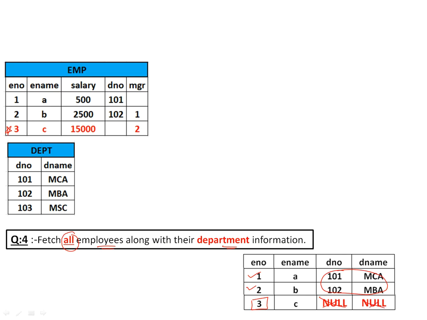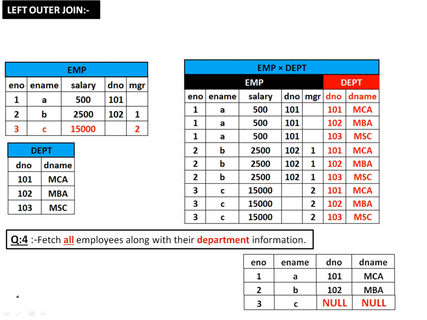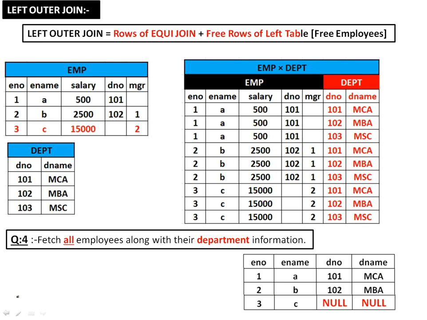So how to get this? This is the result of an equijoin. If you perform equijoin, you will get this. Plus, if you want this, you have to go for left outer join. Left outer join is rows of equijoin plus free rows of the left table.